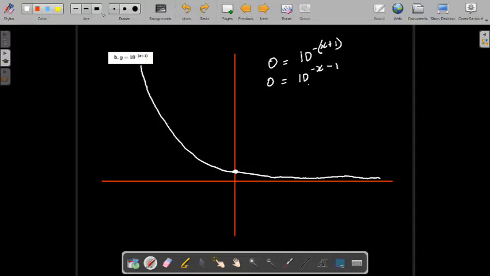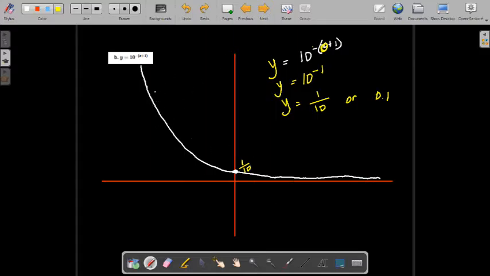Hang on, no, that won't work because I'm solving for the wrong thing. We're trying to work out what our y value is. Sorry, just wondering why it wasn't working. Okay, so x equals 0. So at x equals 0, we have 10 to the minus 0 plus 1, which is 1. So y is going to be 1 over 10 or 0.1. And that's it, just need to label that.